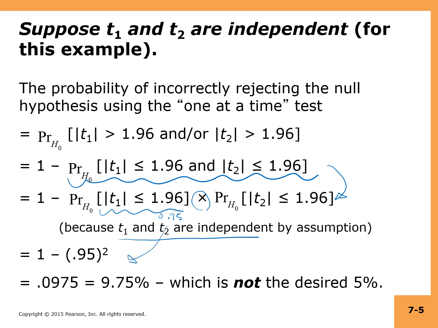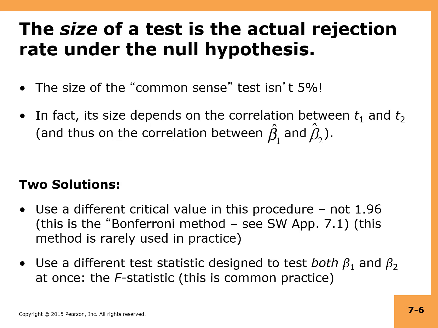When we plug this in, we get 9.75%, meaning that the probability of rejecting the null when the null is true is 9.75%, which is much higher than the 5% significance level that we want. So when we use a one-at-a-time approach, our rejection rate is actually greater than 5%.